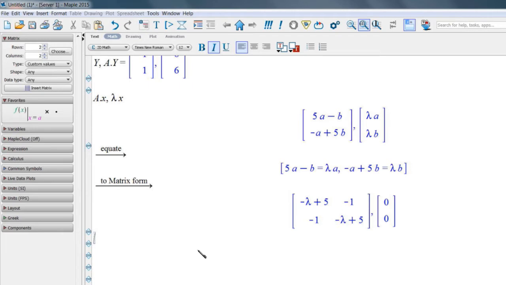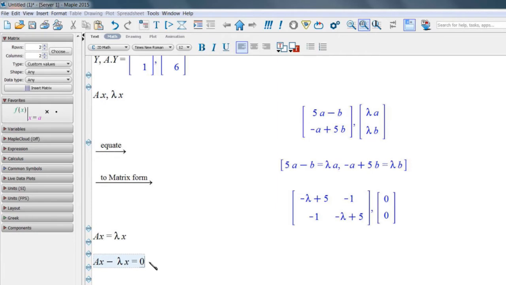So here's just Maple being used as a typewriter. This is the algebra that this matrix represents. You have AX equals lambda x, and then you want to bring everything to the left-hand side, so you have AX minus lambda x, and that's equal to 0. And that 0 is the vector 0, so I'll make it bold. And then factor the left-hand side.